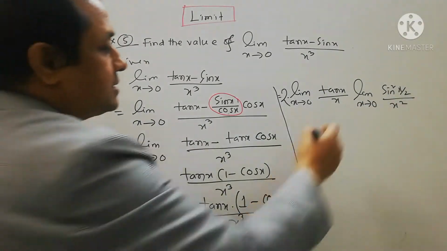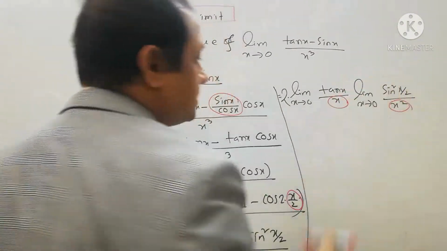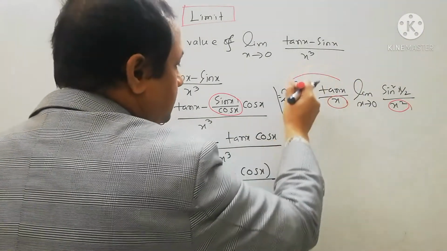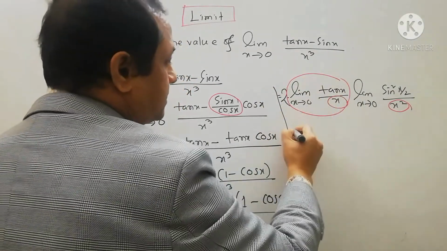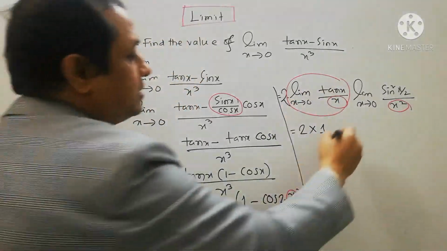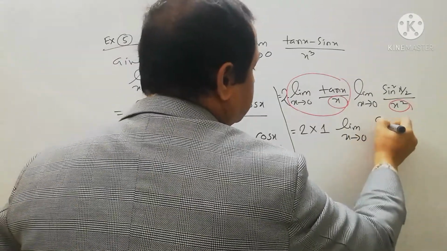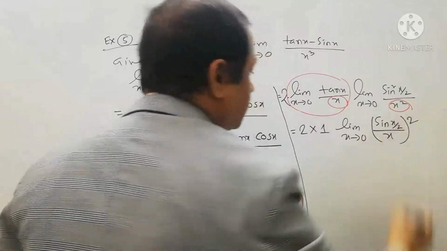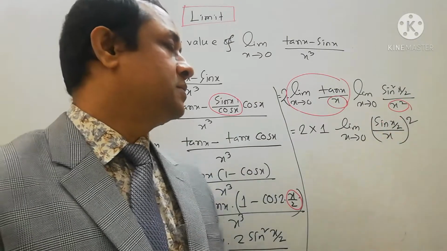Here x and x square make x cube. So using the formula, limit x tends to 0 of tan x by x, the value of this is 1, and limit x tends to 0 of sine x by 2 by x, whole square.